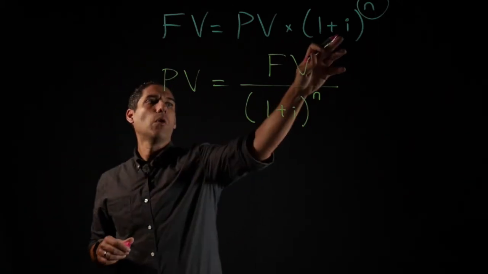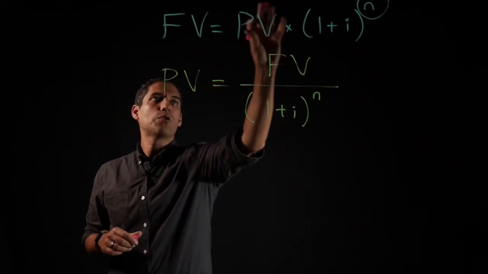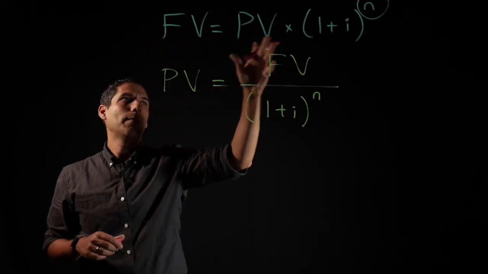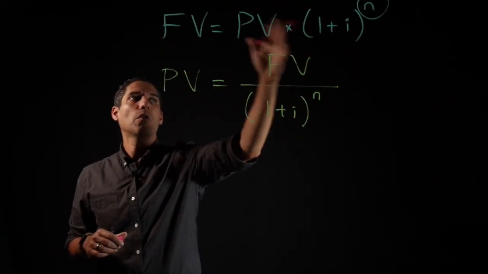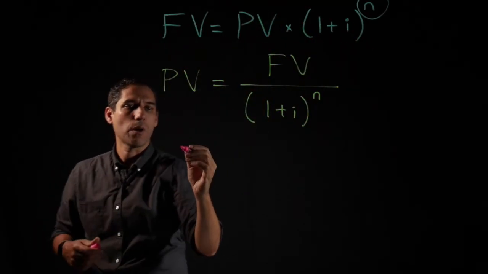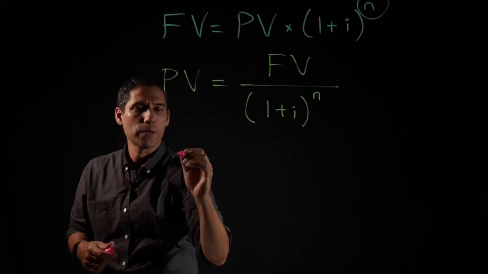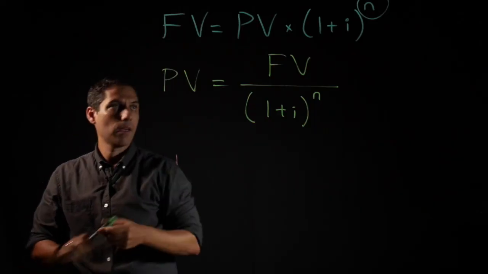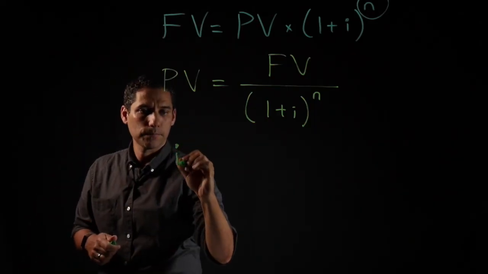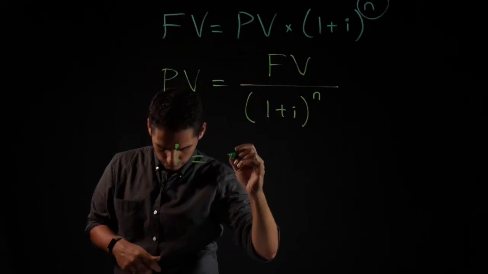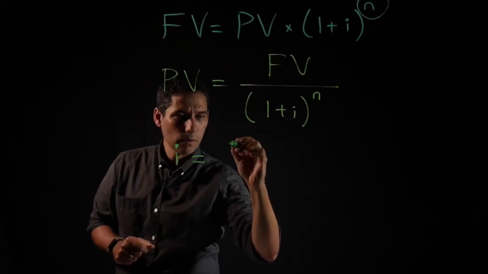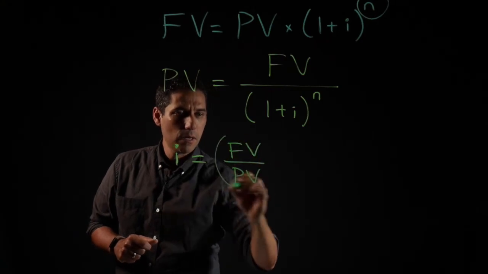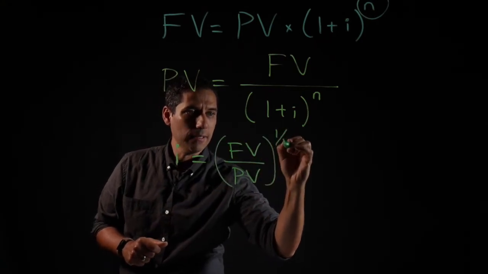That's a little bit more involved compared to PV. We need to bring PV to the left-hand side, FV divided by PV. And then we need to take the nth root of both sides, minus 1. So eventually, after some algebraic manipulation, we are going to end up with I equals FV divided by PV raised to 1 over n, right?